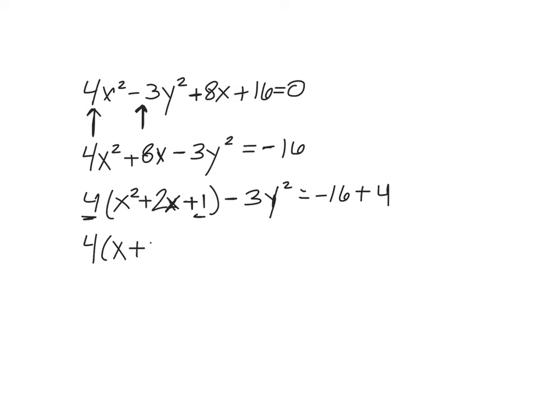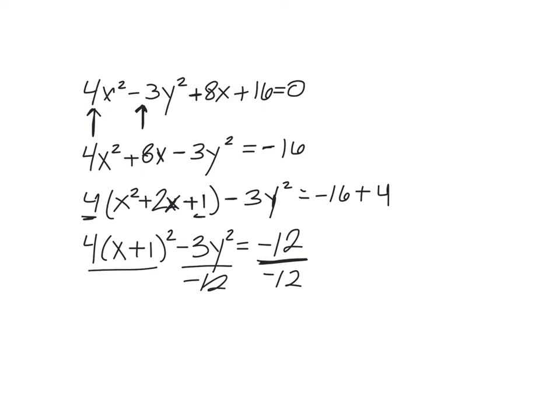So back to the left, 4 times x plus 1 squared minus 3y squared equals negative 12. Just like with the ellipse, we'd like a 1 here. So we're going to divide everybody by negative 12.